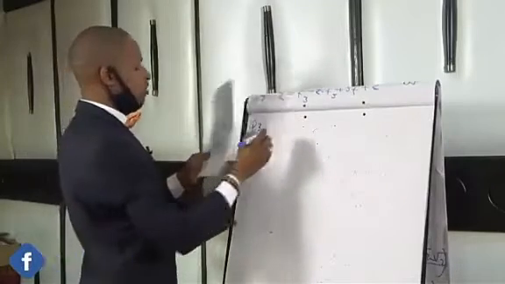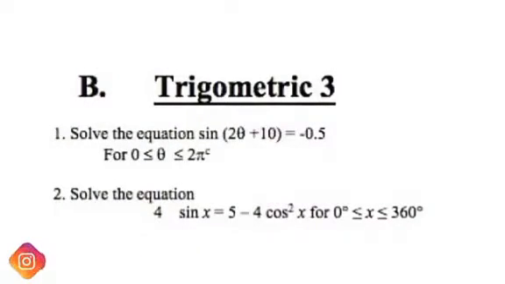We are told to solve the equation sine of 2 theta plus 10 equals negative 0.5, for values of theta greater than or equal to 0 and not greater than 2 pi radians. This sign means pi radians. So we want to find the values of theta.